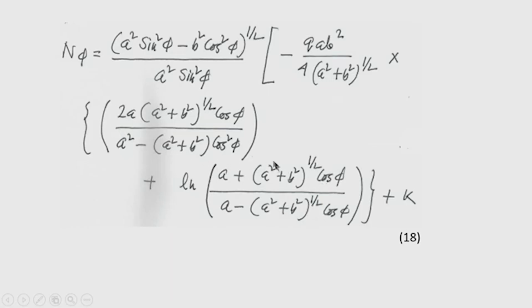So, this second bracket is closed, and it is to be multiplied by this factor, minus q a b square divided by 4 (s square plus b square) to the power half. So, all this quantity again has to be multiplied by this factor, and then the constant of integration appears.